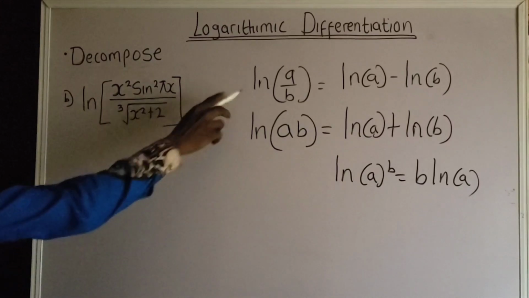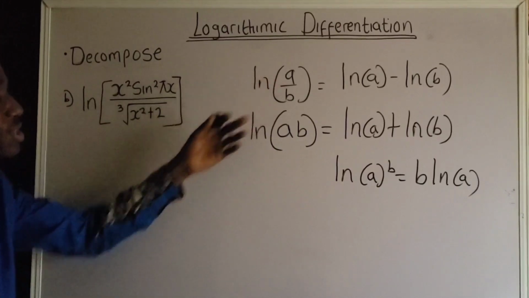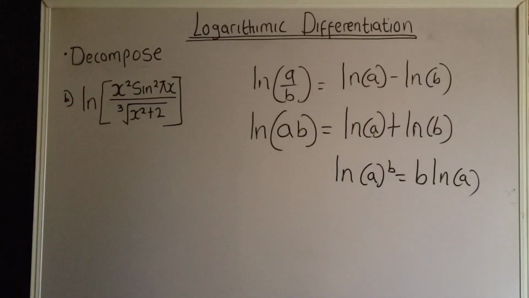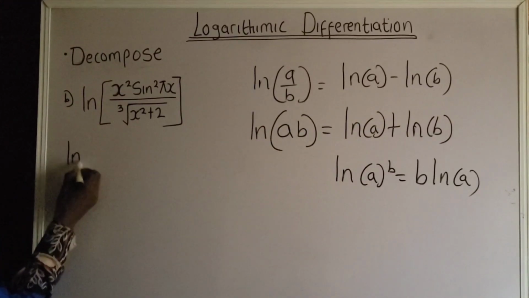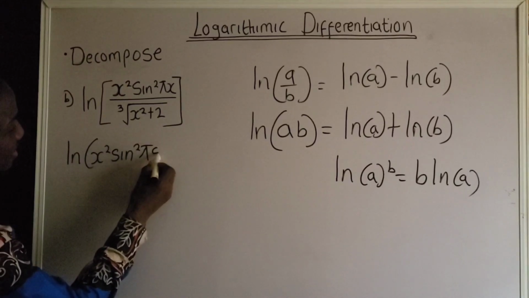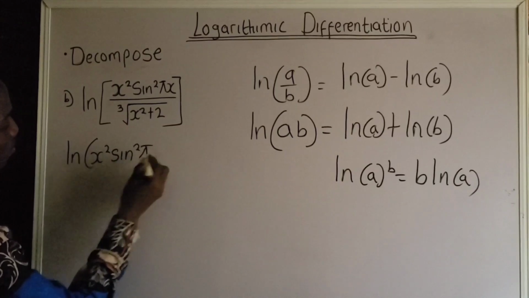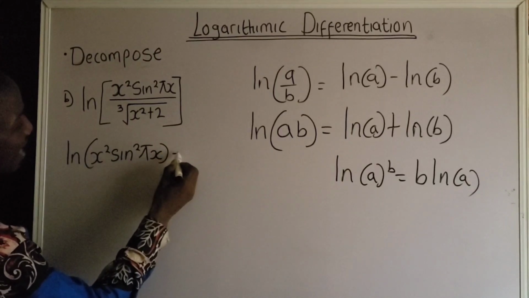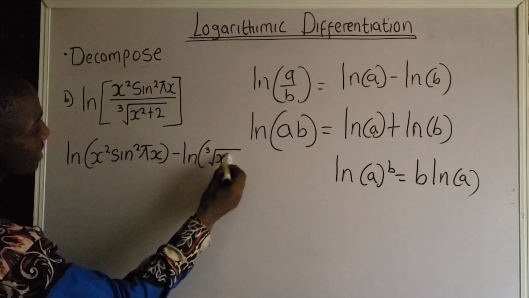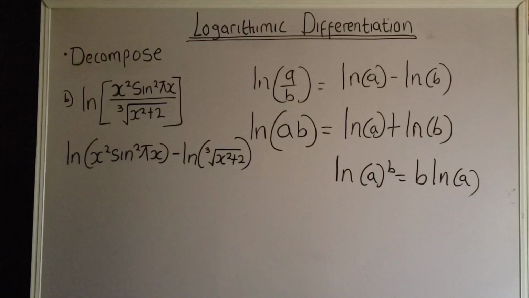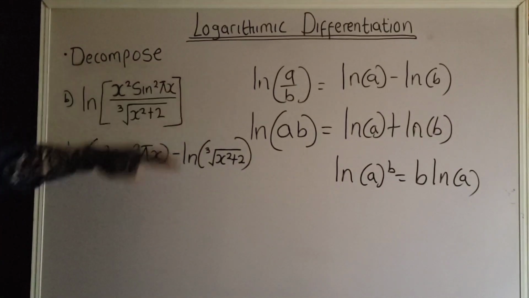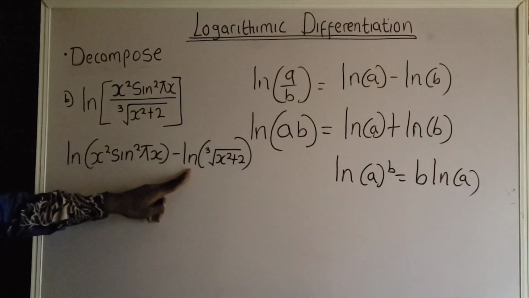Don't forget that when we have the natural log of A over B, it is also the same thing as the natural log of A minus the natural log of B. So I'm going to have natural log of x squared sine squared pi x minus the natural log of the cube root of x squared plus 2. You can see that I just moved the numerator up and I applied the negative sign with the natural log. You understand?